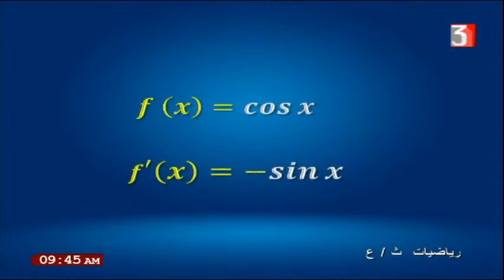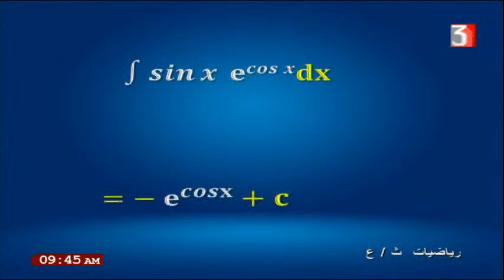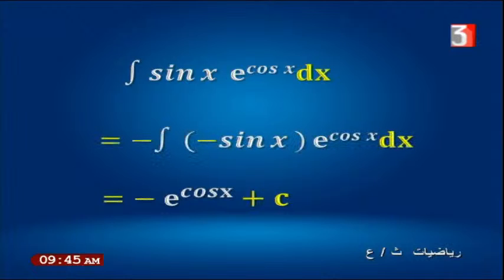Then the integration of sine x e power cosine x dx equals negative e power cosine x plus the constant c, where the integration of negative sine x e power cosine x dx, that is the integration of e power cosine x with respect to x, equals negative e power cosine x plus the constant c.